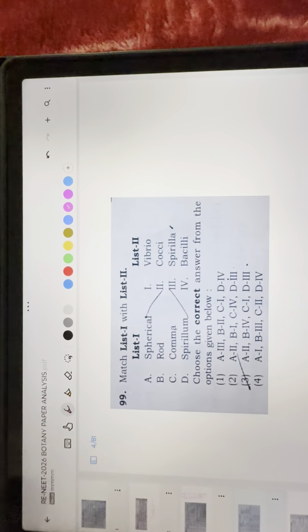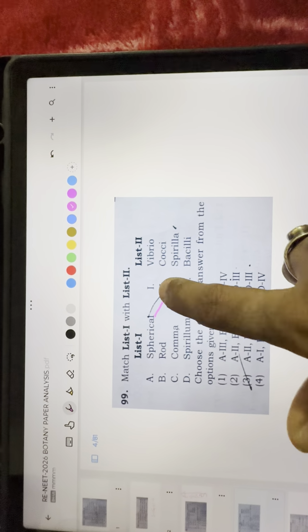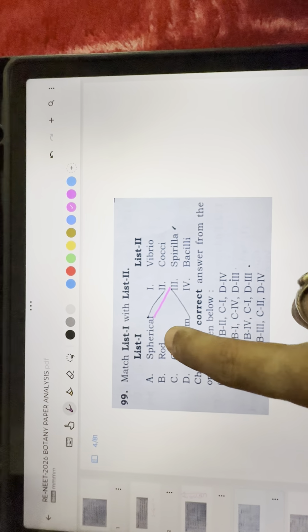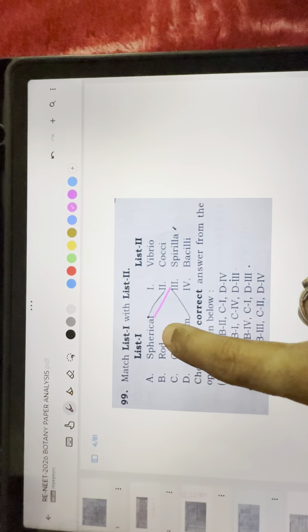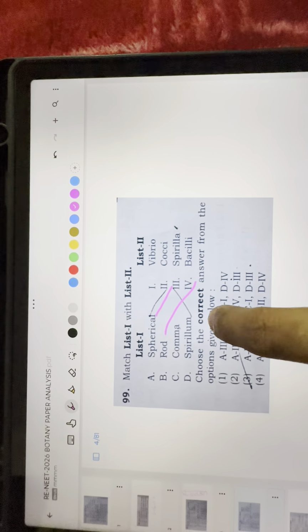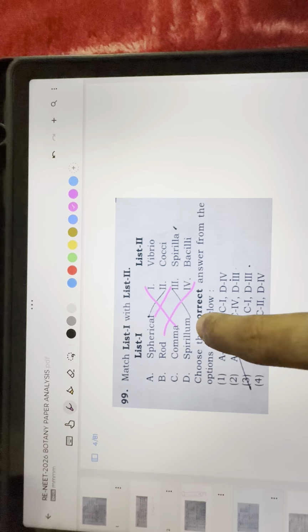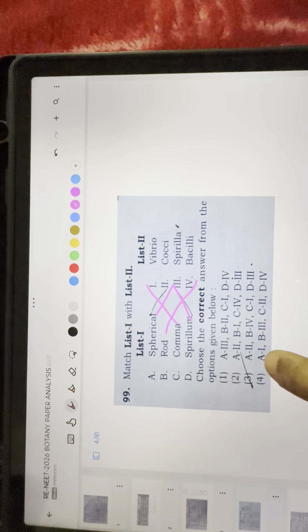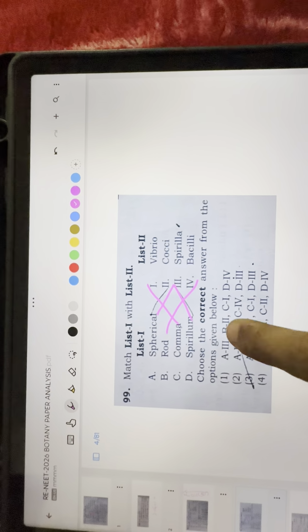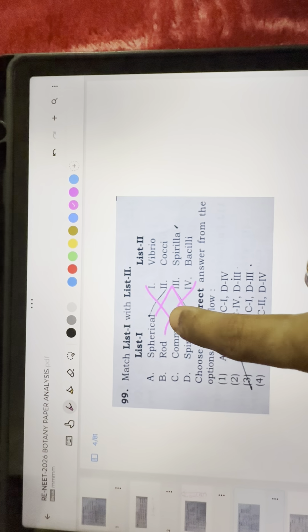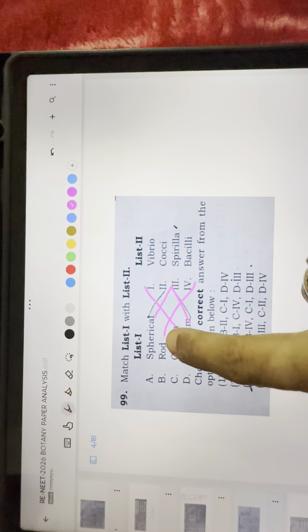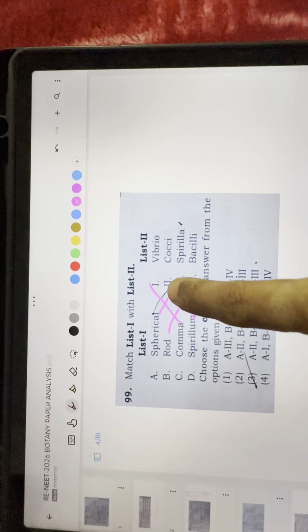Next, spherical shape, generally it is a coccus, biological classification chapter. Rod shaped, it is a bacillus, and comma shaped, it is a vibrio. Spirilla. So the option will be spherical shaped coccus, rod shaped bacillus, comma shaped vibrio.